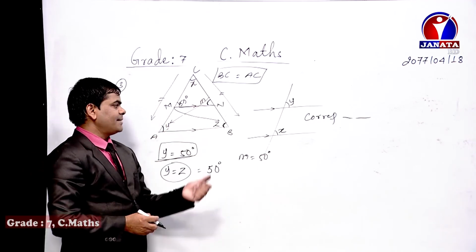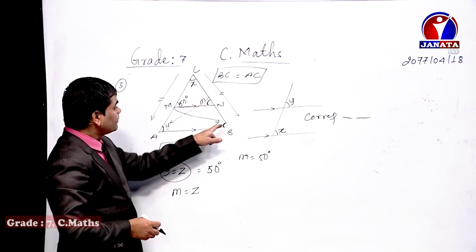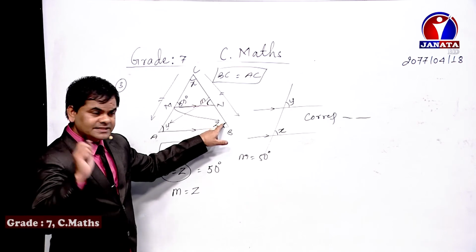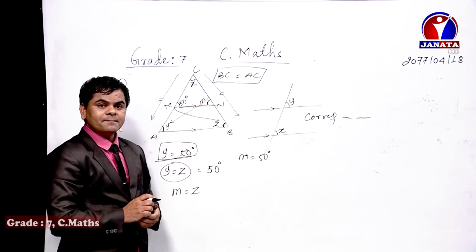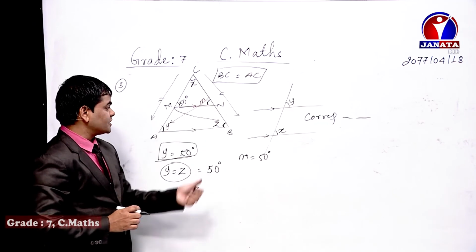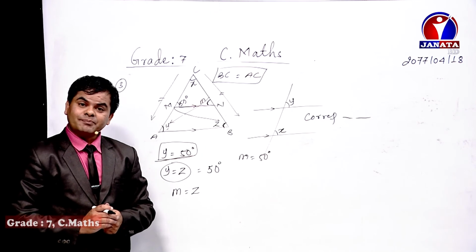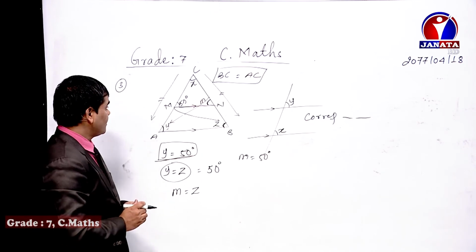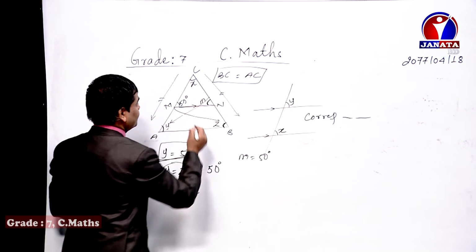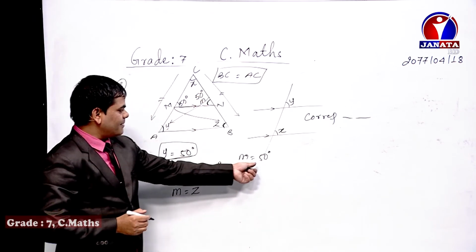So Z came as 50 degrees, and then Z becomes equal to M, because Z and M are corresponding angles. Both are on the left-hand side, and one is inside the parallel lines and another is outside. Now, dear student, we got the value of M as 50 degrees once again, isn't it?